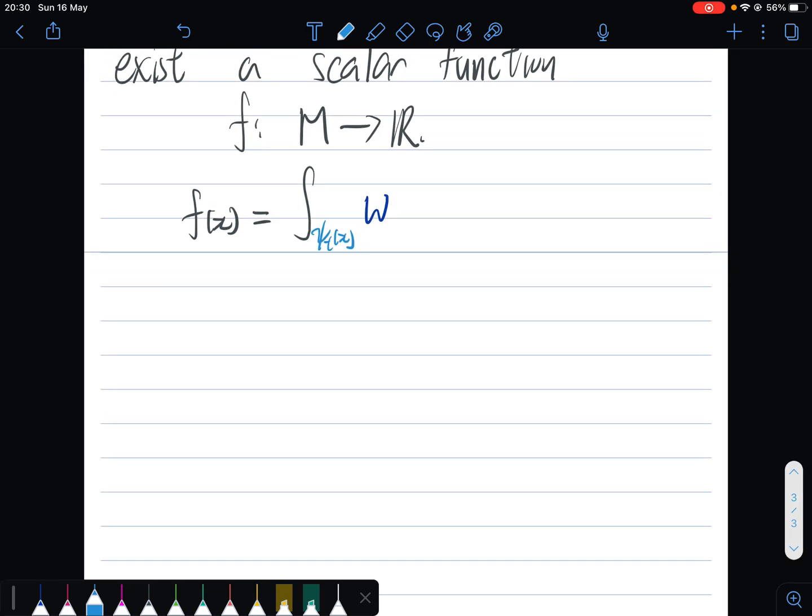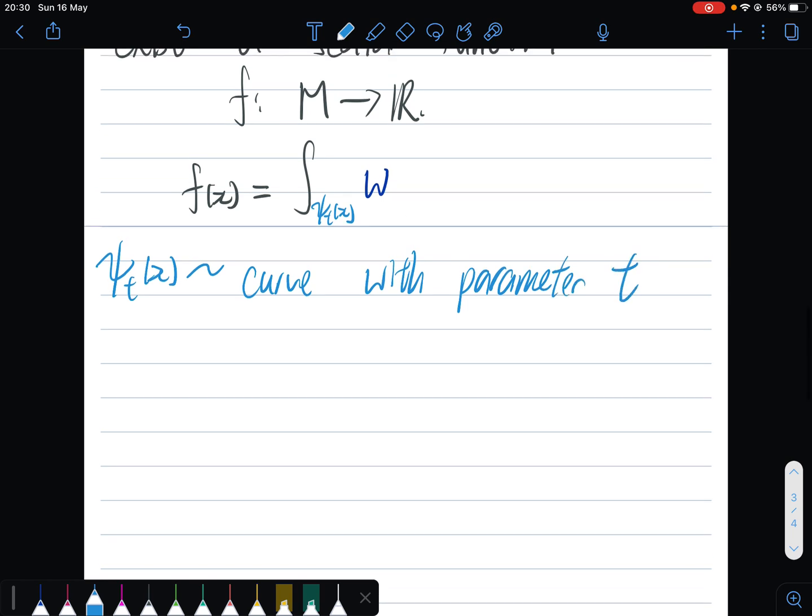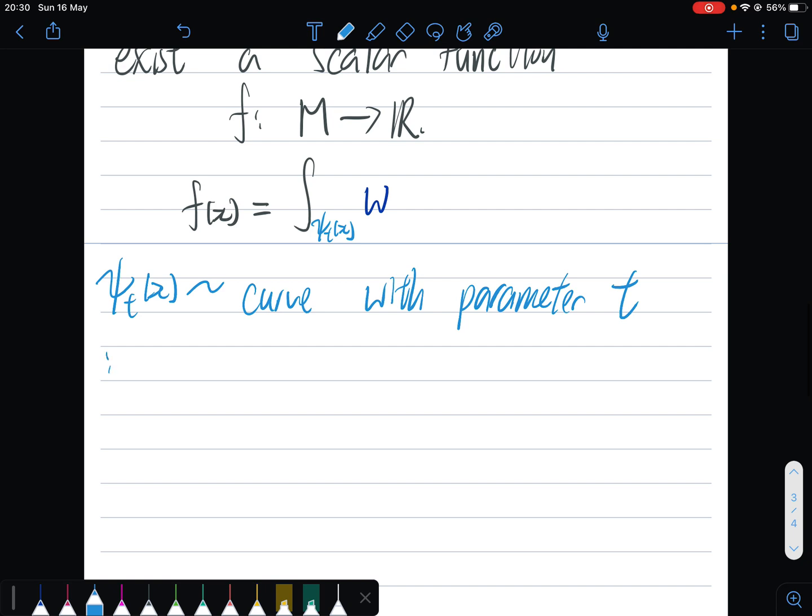To understand this integral, we can treat this psi map as just a curve with parameter t, joining psi 0 of x equal to x to psi 1 of x, which belongs to sigma.